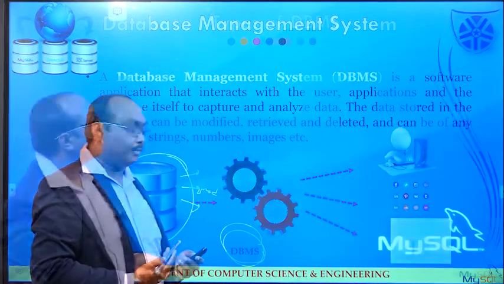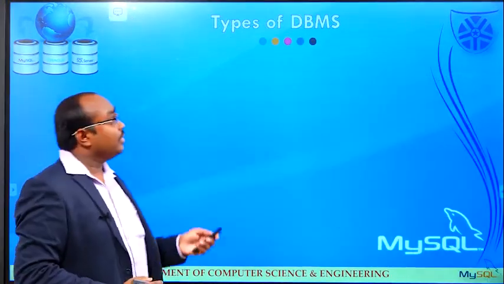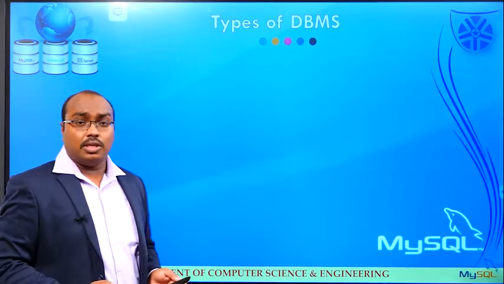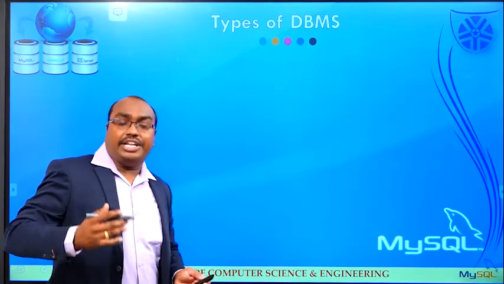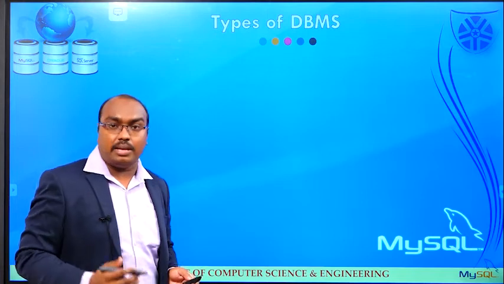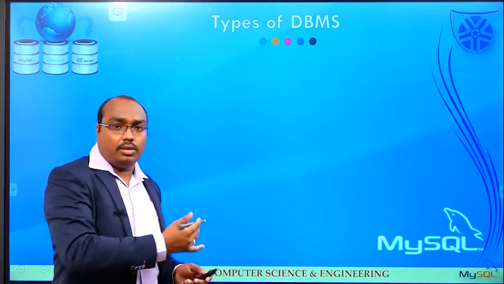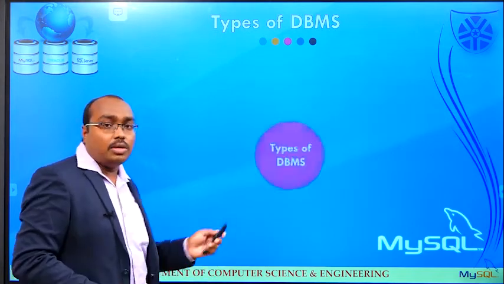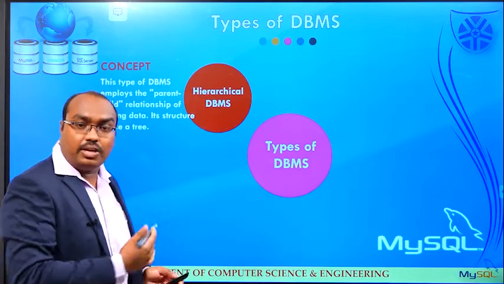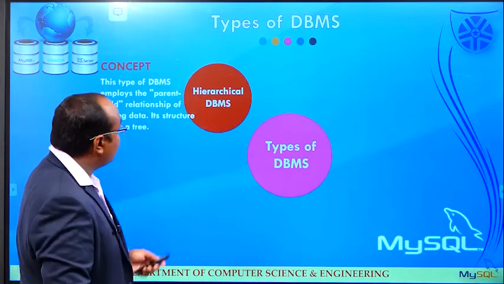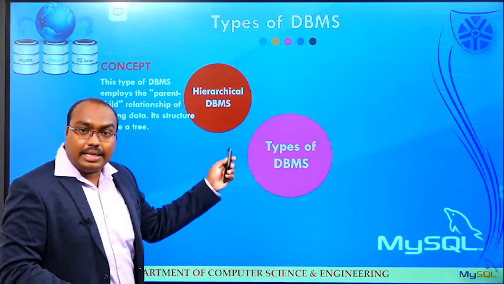our databases. So coming to the next one, types of DBMS. There are different types of DBMS available. So let us look into them one by one. What are the different types of DBMSs? The first one is hierarchical DBMS.